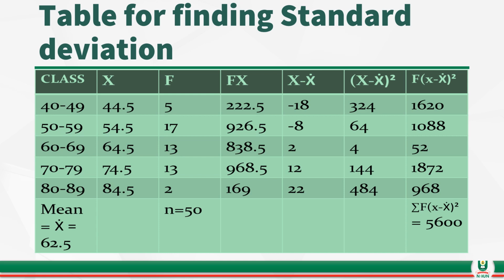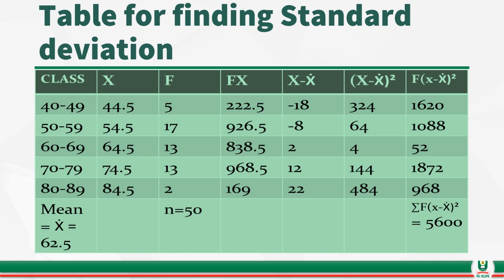So if you square the mean deviation, minus 18 squared is 324, minus 8 squared is 64, down to 22 squared, which will give us 484. And then this mean deviation squared multiplied by frequency gives you the last column. 324 multiplied by 5 will give you 1620. 64 multiplied by 17 will give you 1088.